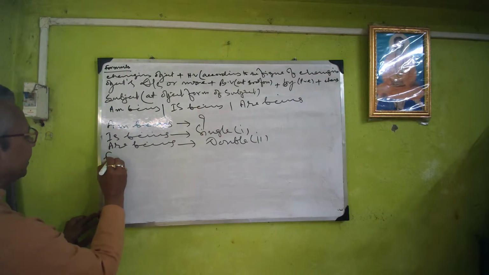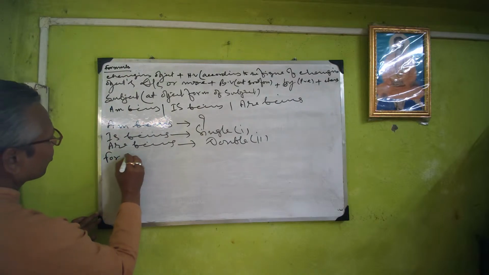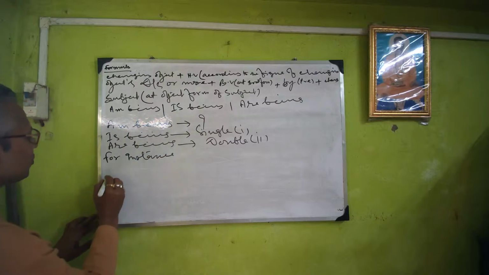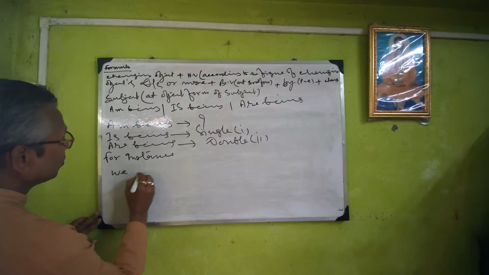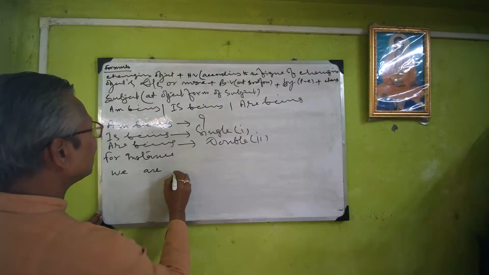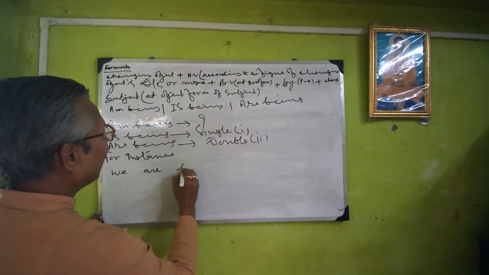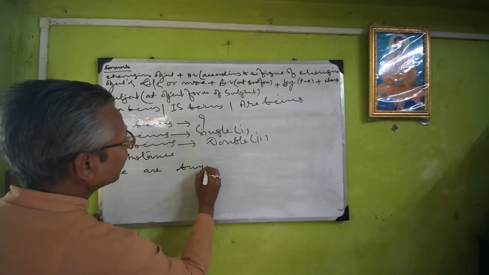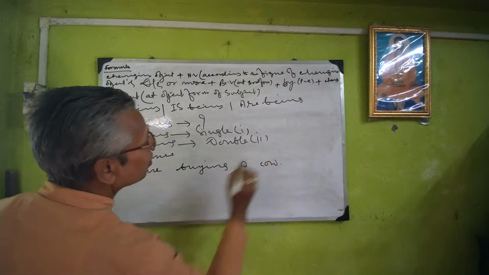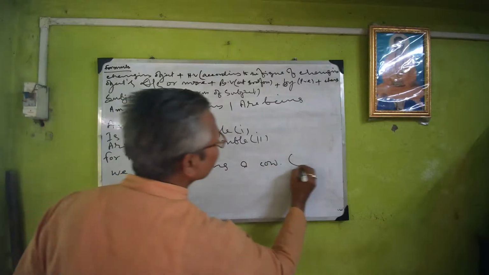For instance, we are buying a cow. Active.